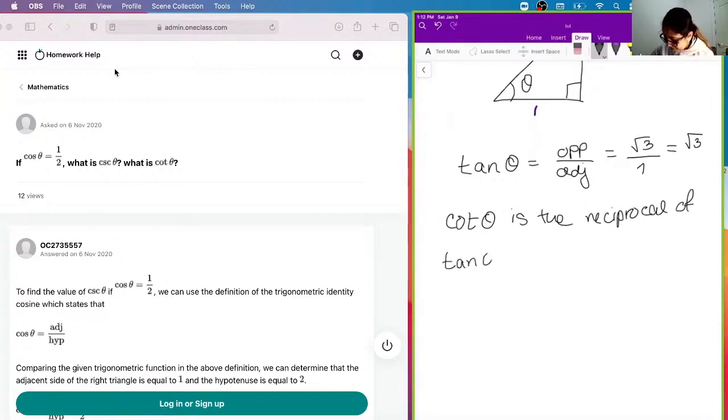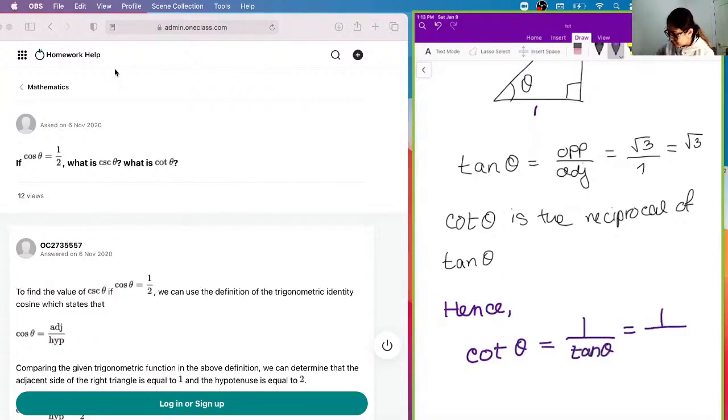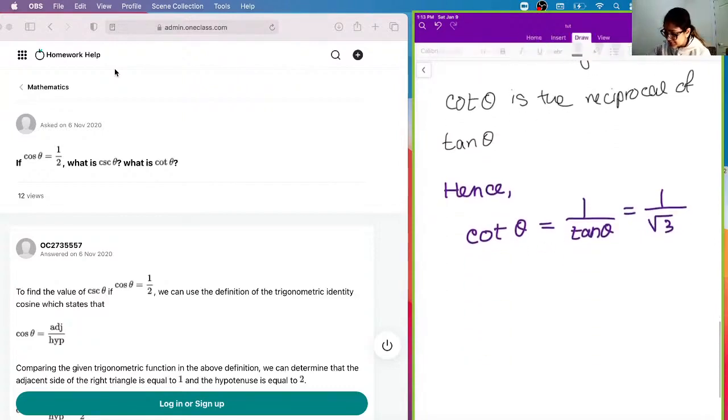So cotangent theta is equal to 1 over tan theta, which is 1 over root 3.